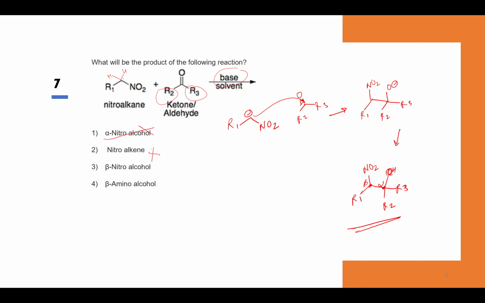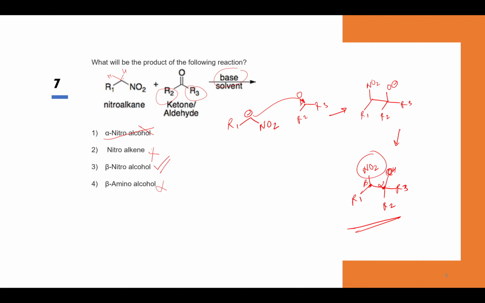So that's why this is also not correct. Now the third option is beta nitro alcohol. Can you see here, the beta position has the nitro group. So this is a beta nitro alcohol, and it is not a beta amino alcohol because this is a nitro group, not amine. Okay, the amine group is not there. That's why the correct option is option number 3.